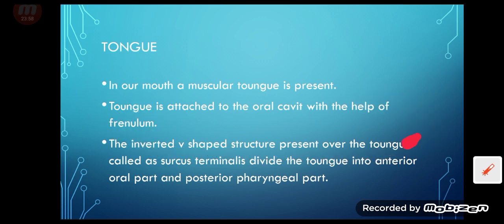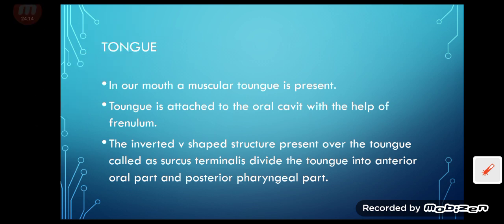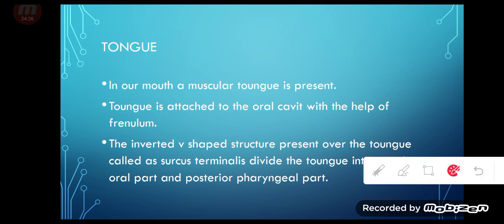The inverted V-shaped structure present over the tongue is called sulcus terminalis. Sulcus terminalis divides the tongue into an anterior oral part and a posterior pharyngeal part. What is this V-shaped structure? This is called sulcus terminalis.